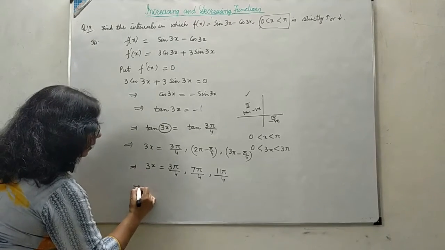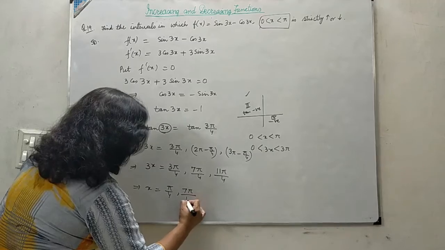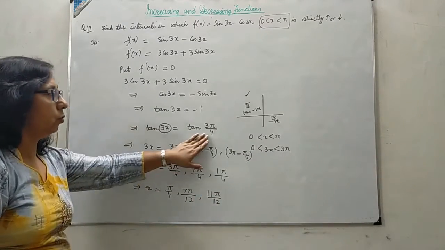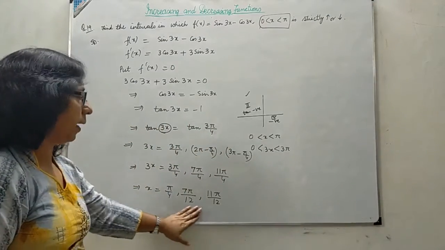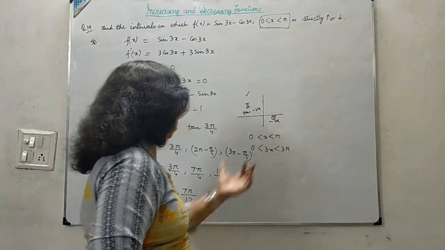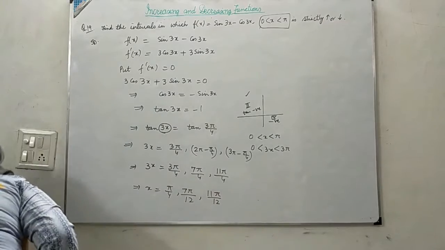Now from here x comes as pi by 4, 7 pi by 12 and 11 pi by 12. Or you can use the trigonometric general solutions to get the values, and whatever values are lying between 0 to pi, you will consider those only, and the remaining solutions will be discarded.